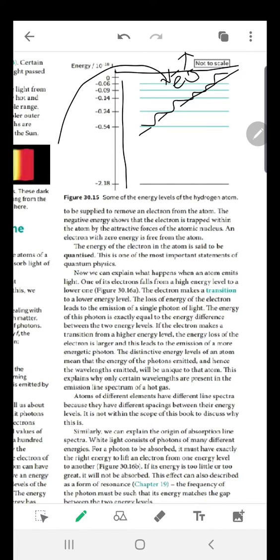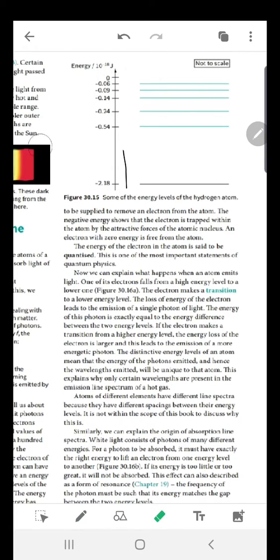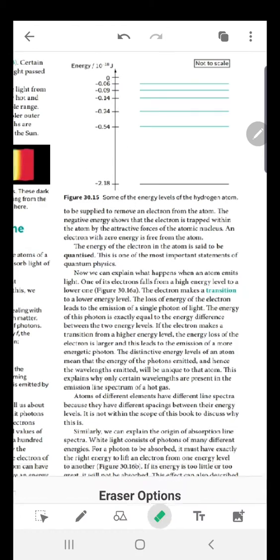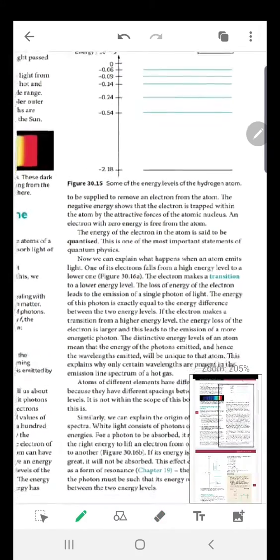Levels means quantization basically. So the energy of the electron in the atom is said to be quantized. It is divided into proper steps, okay. This is one of the most important statements in quantum physics. Never forget this, that the steps are actually quantized. The energy levels are quantized. You can say this also.